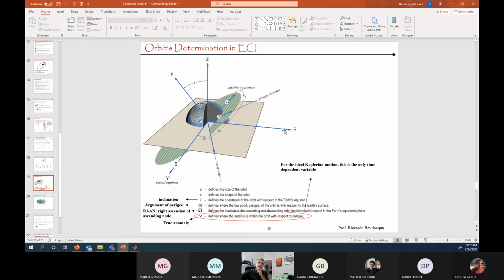So in this x, y, and z axis, you will have at all times through numerical integration x, y, z, x dot, y dot, z dot of your satellite, and that's perfectly fine. And in many cases, it's what we need. But much more convenient and visual are the orbital parameters.